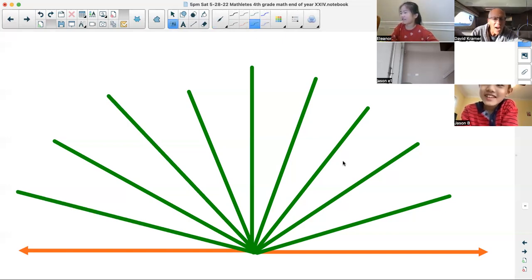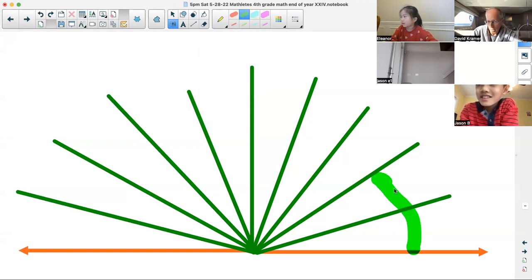So everybody, if I say to you, what is the angle measurement from here to here? What do you think? I don't know.